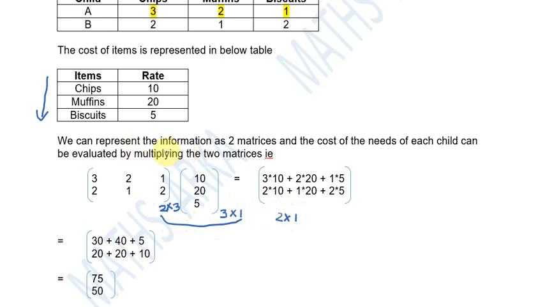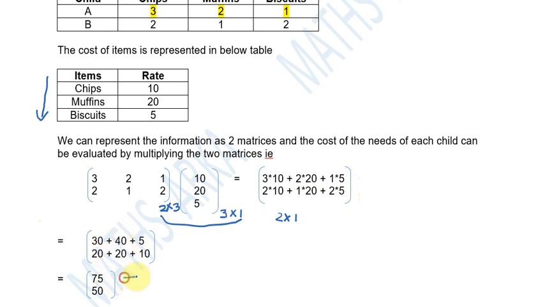Now how do we multiply? First row with first column, there is just one column over here, so first row, first column, then the second element would be second row, second column. That's what we have done. 3 cross 10 plus 2 cross 20 plus 1 cross 5, that is what we have written over here, and similarly for the second row. Now if we add these, we get the result 75 and 60.